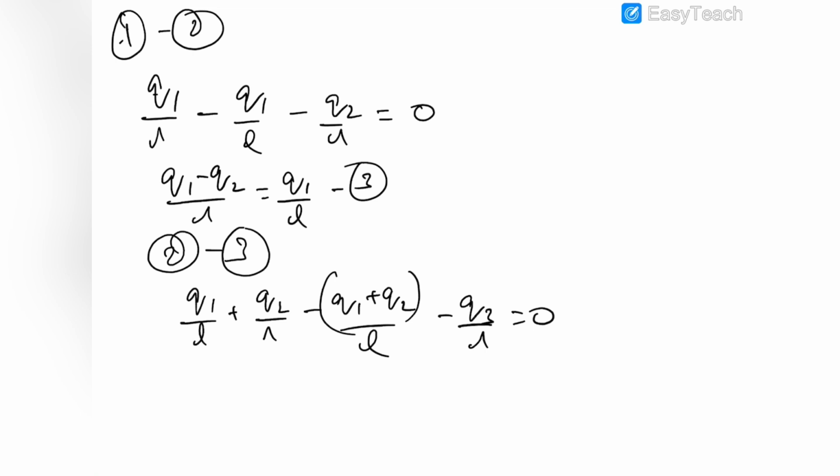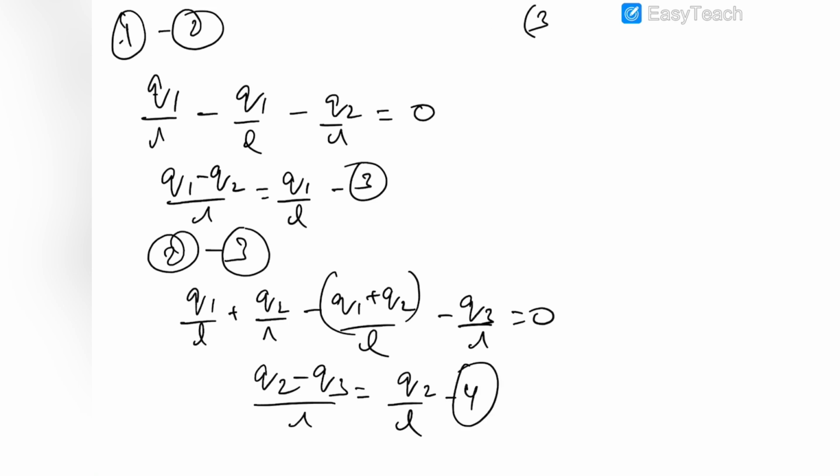So you can see that Q1 by L will be cancelled out, and the term would be Q2 minus Q3 divided by R will be equal to Q2 by L. This is equation 4. Now if we divide these two, 3 divided by 4, then it would be Q1 minus Q2 divided by Q2 minus Q3, and that is equal to Q1 by Q2.